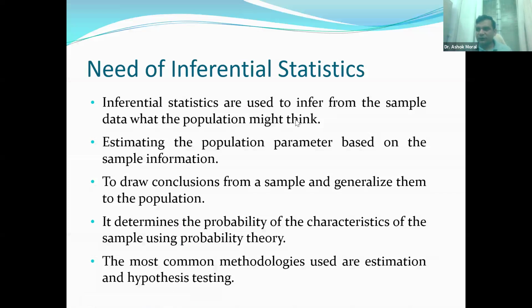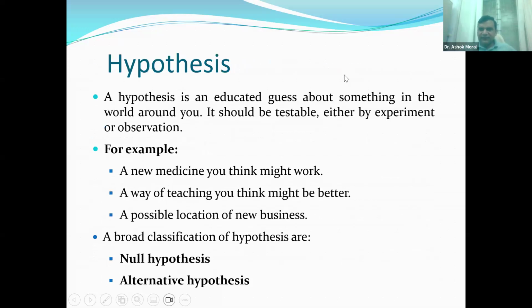So we all know what the uses are and what the need is to study inferential statistics. Here we are talking about the hypothesis, broadly classified into two parts: null hypothesis and alternative hypothesis.